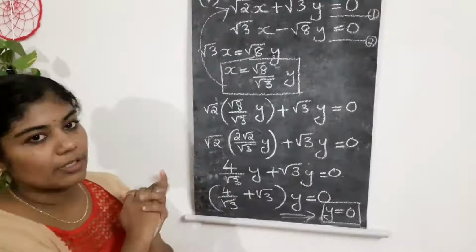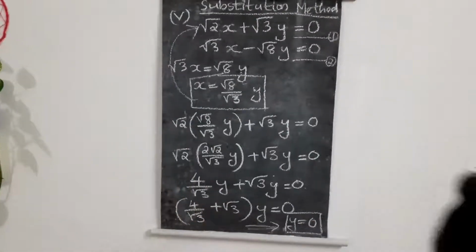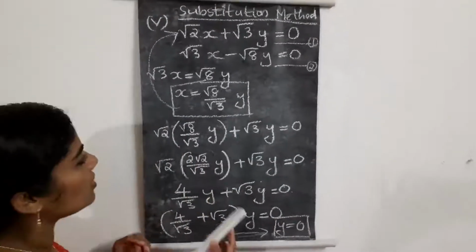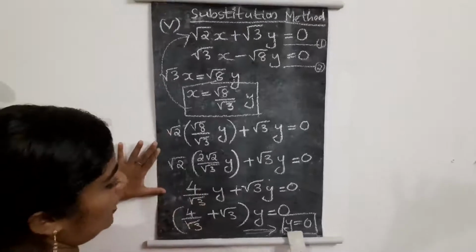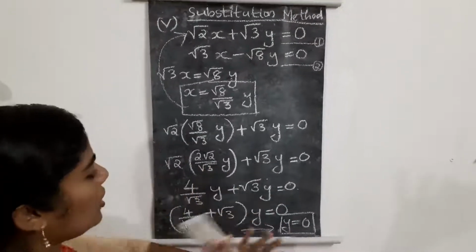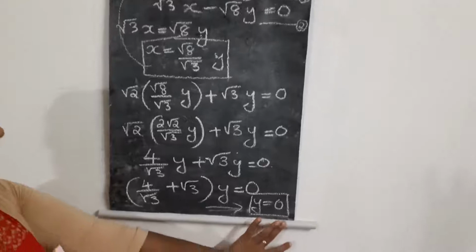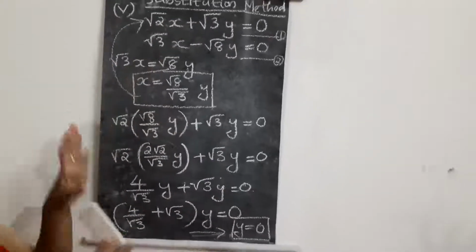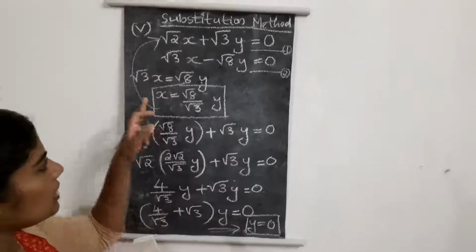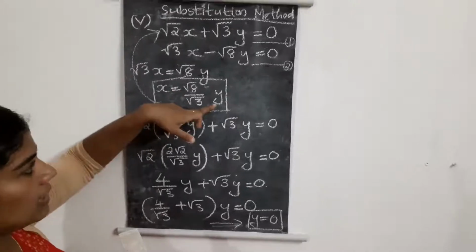So before that I am going to rub the board. Everyone listen here. We got y equal to 0, and that value I am going to substitute, because it's our substitution method, in x equal to root 8 by root 3y.